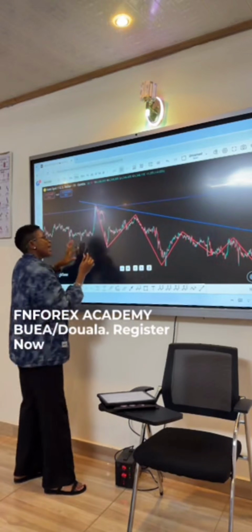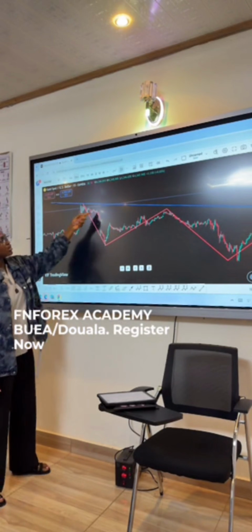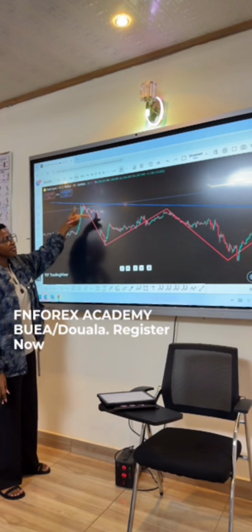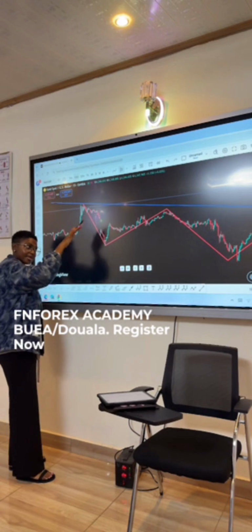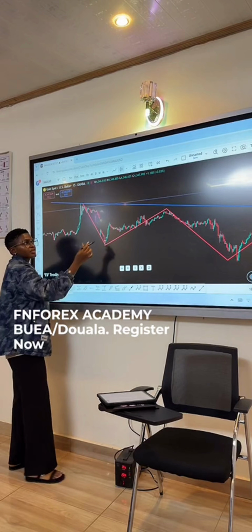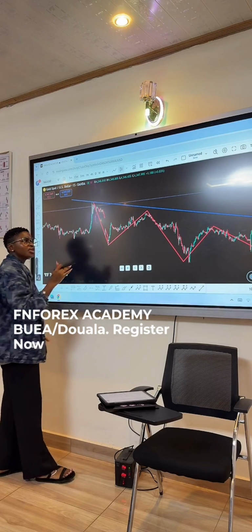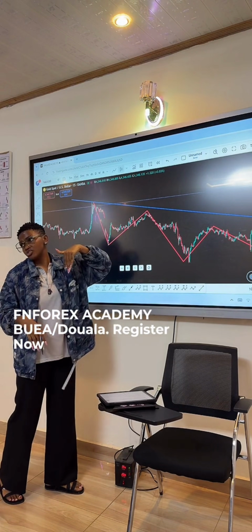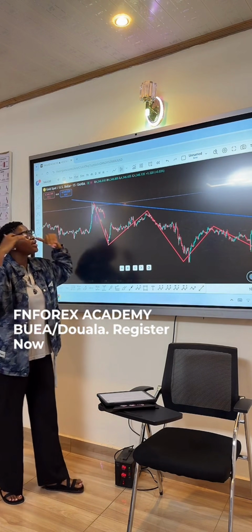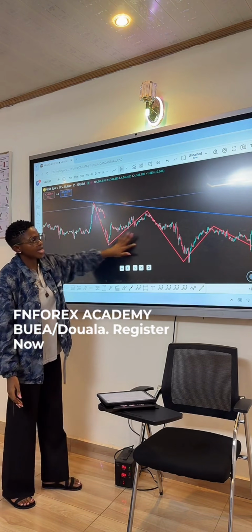Are they rejecting? Are they engulfing? All of that tells you one thing. This was Friday, and when price opened on Monday, the market sold. So if the gap is down, it means it is a sell. Now price came back up to fill the gap. So you just want to monitor how the candlesticks are forming. Now after that, you have your entry. So you will always know that it is a higher high and a higher low.